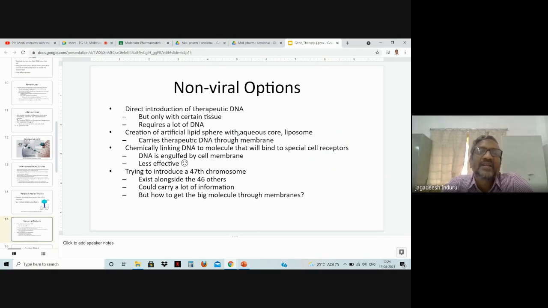So why can't we use a non-viral vector because of these problems? And sometimes you may have rejections. This non-viral option involves direct introduction of the therapeutic DNA directly into the cell, near the nucleus. But this is possible only with certain tissues.